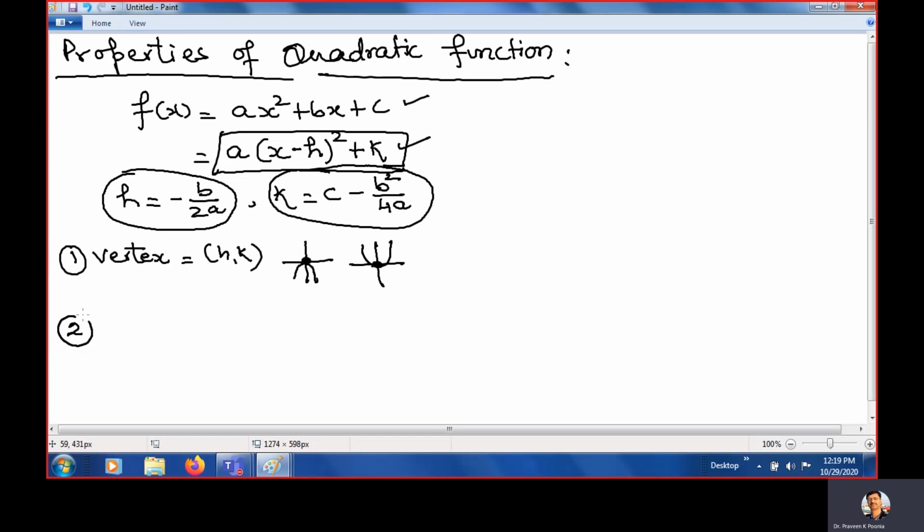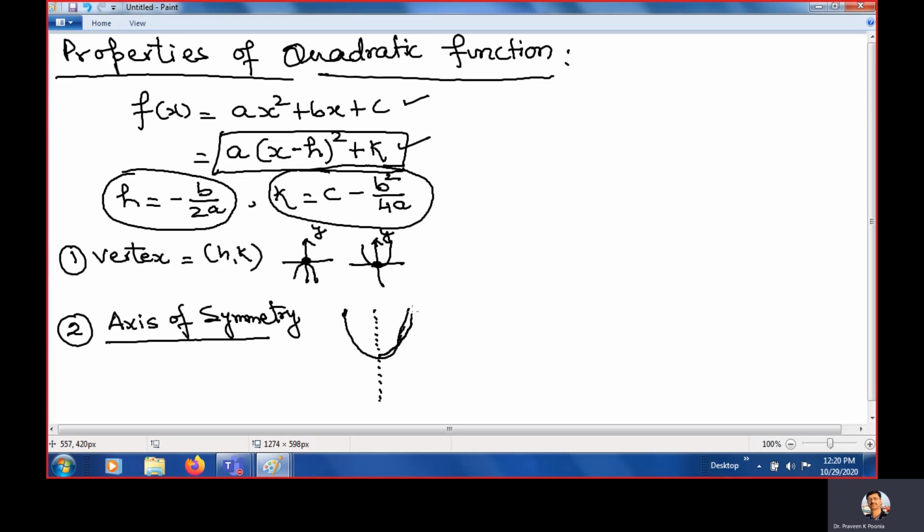Number two is the axis of symmetry. The axis of symmetry is a line that divides the graph into two symmetrical parts. If you see here, this y-axis is the axis of symmetry because it divides the parabola into two equal and symmetrical parts.